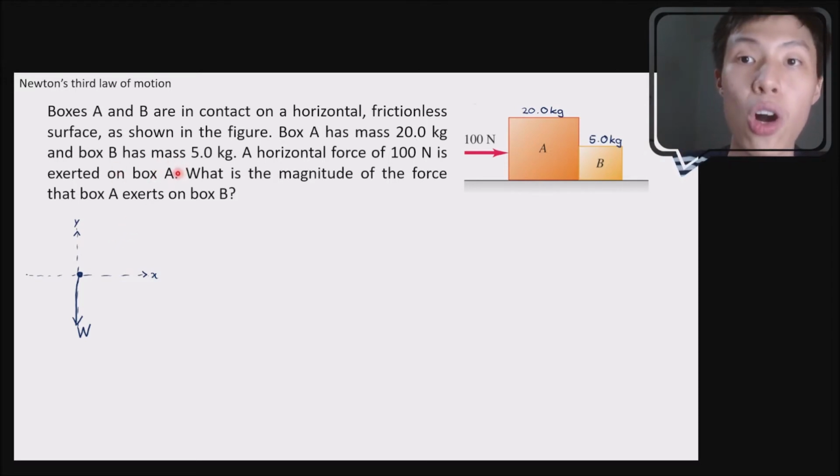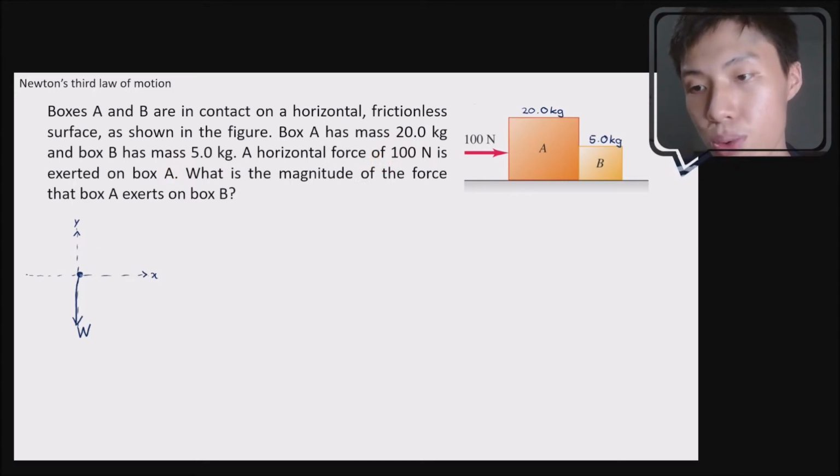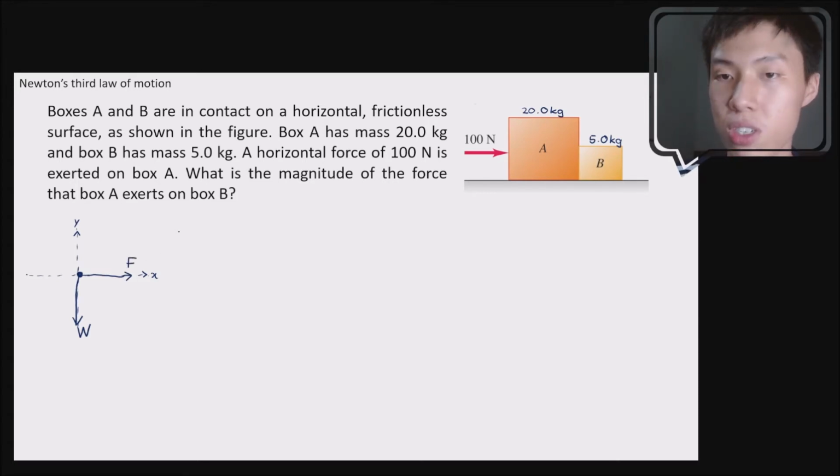A is experiencing this 100 Newton, so we should include it in the free body diagram as well. Since it's pointing to the right, we draw it pointing to the right, and we call this F, since it's an external force.